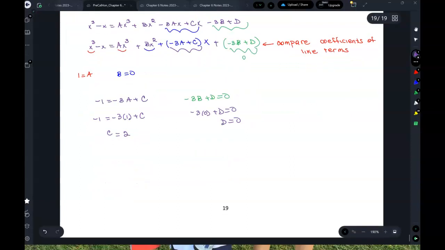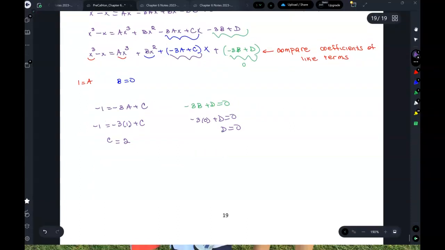So let's write all this up. So x cubed minus x over (x squared minus 3) squared is equal to (ax plus b) over (x squared minus 3) plus (cx plus d) over (x squared minus 3) squared, right, is what we had.